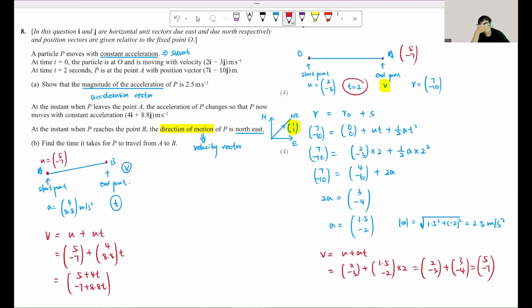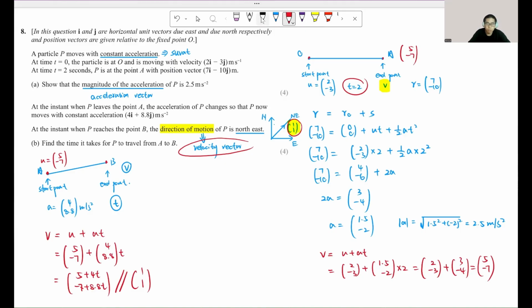Because the direction of motion is northeast, the velocity vector has to be parallel to (1, 1). So that means (5 plus 4t, -7 plus 8.8t) is parallel to (1, 1).